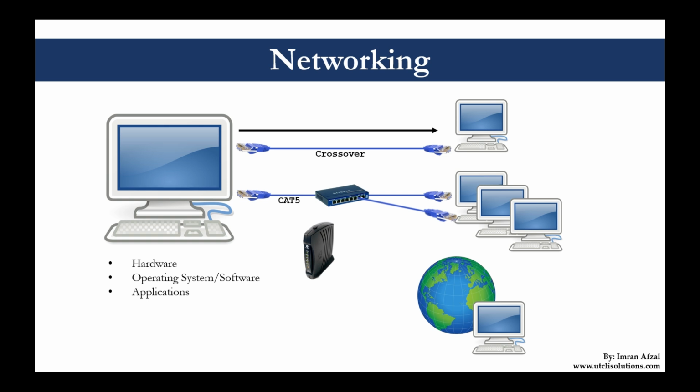I'm sure whichever part of the world you are in, your internet provider is the one who has provided you that modem that allows you to talk to the outside world. So you connect your computer through the Cat5 cable again to that modem, and that modem is connected to the outside world, and that's how you communicate.